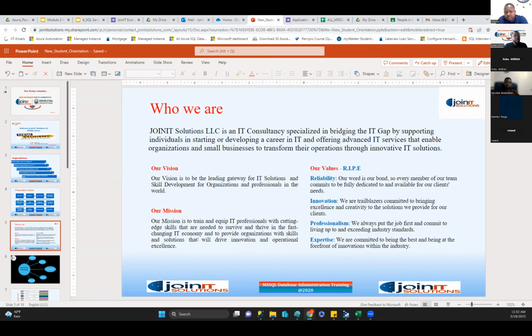We have trained and equipped a lot of individuals who are database administrators today, Azure DBAs, and solutions architects. We have trained a lot of people who now understand the basics in computing. So now, how do we accomplish all of this? What is our motto, or what are our values?